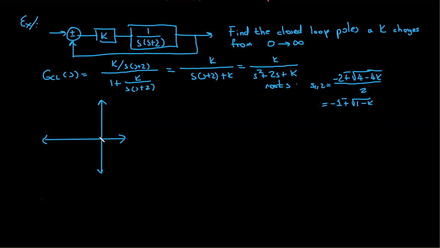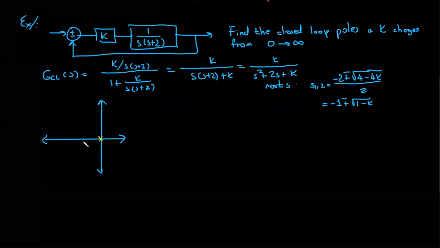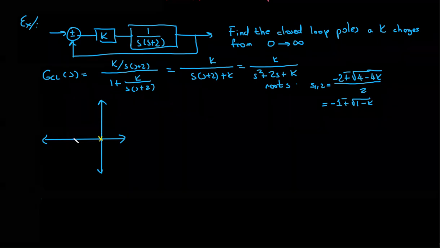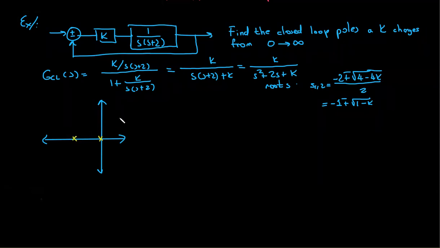I can show it in yellow color, okay? And the other pole is going to be equal to -2, right? -1 minus 1 is -2, and -1 plus 1 is going to be 0. And I can also write once again that we are changing k from 0 to infinity, okay?